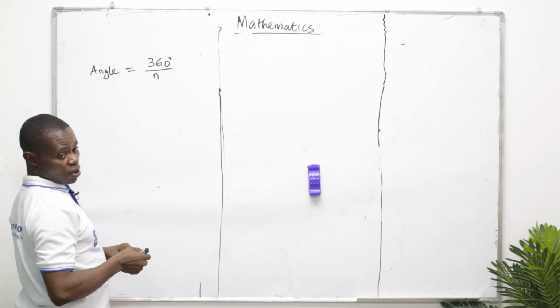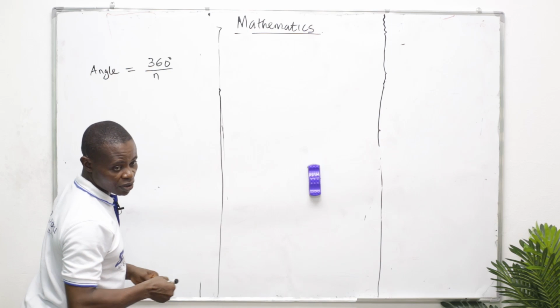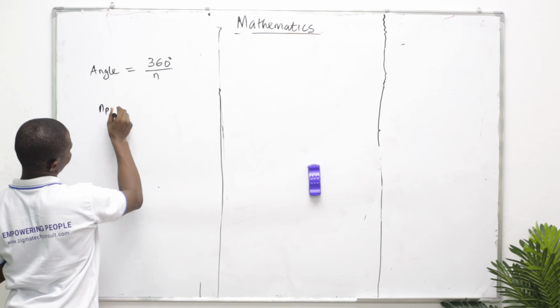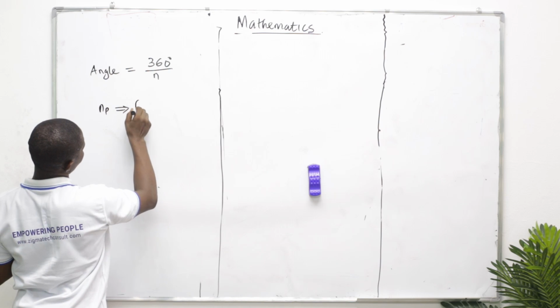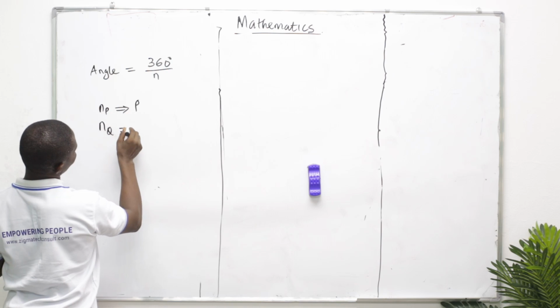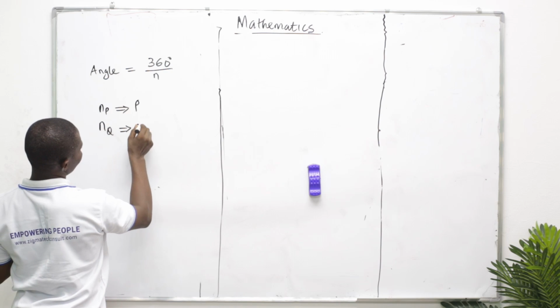But you have to know that number of sides of P will imply NP. Number of sides for Q implies NQ.